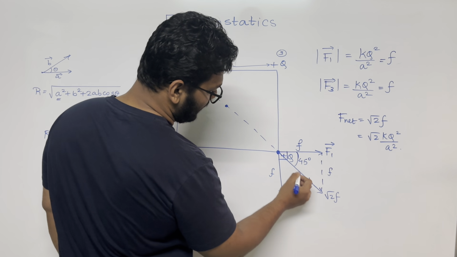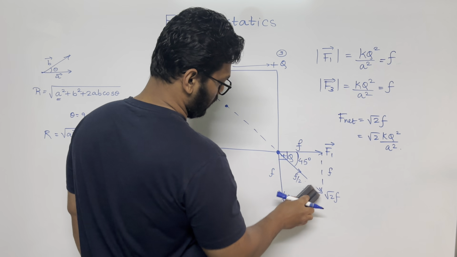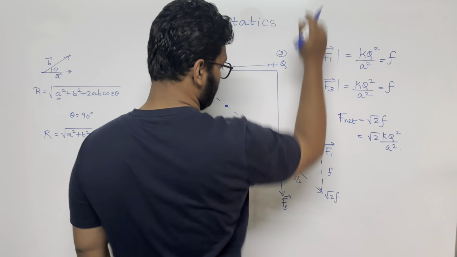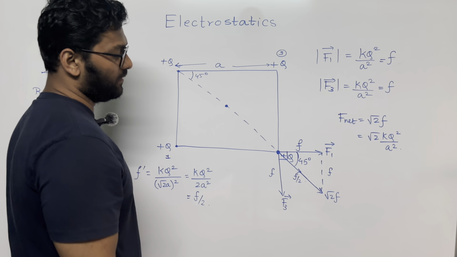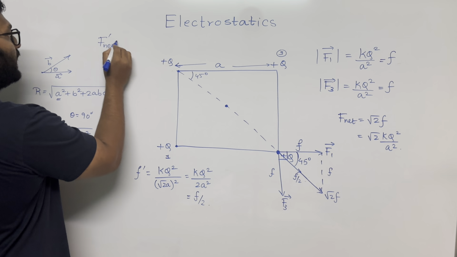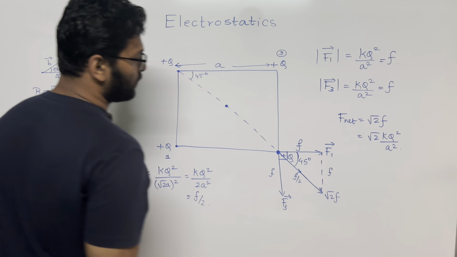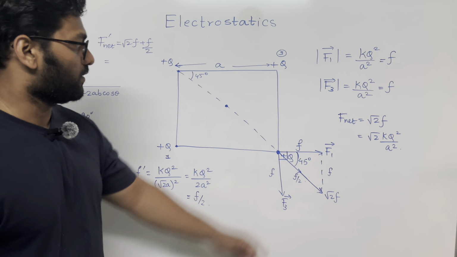Now root 2f and f by 2 are in the same direction. So the net force, I will write net dash because we have used net already, will be root 2f plus f by 2, the half of that value.